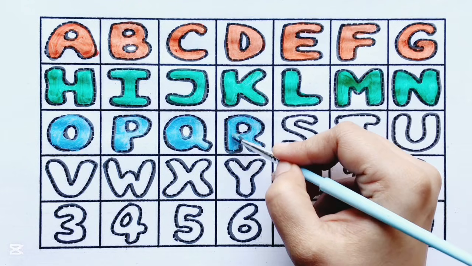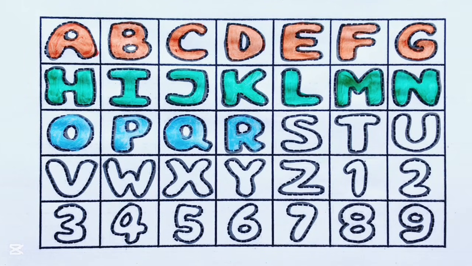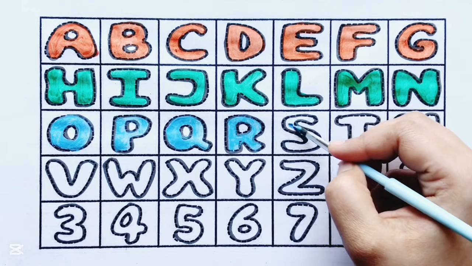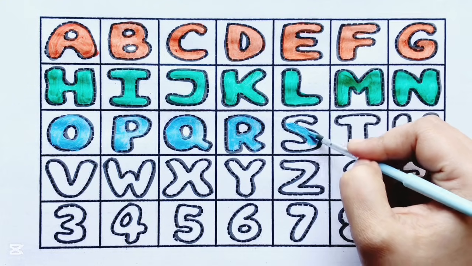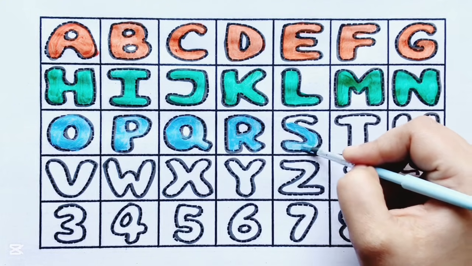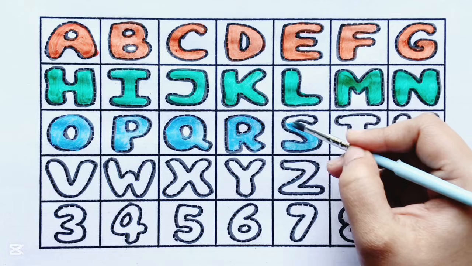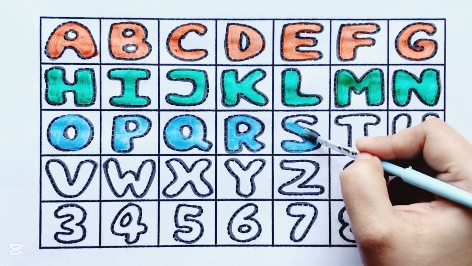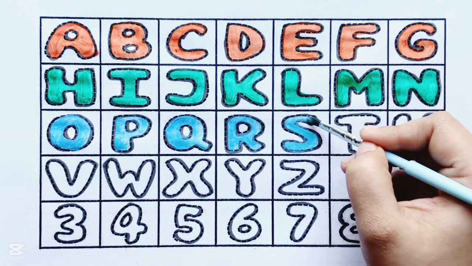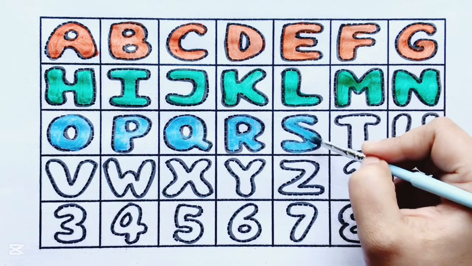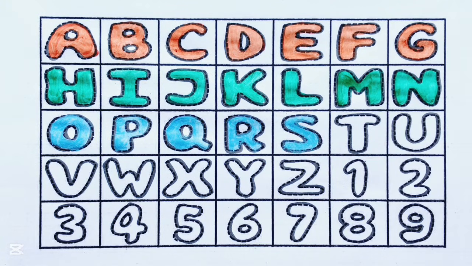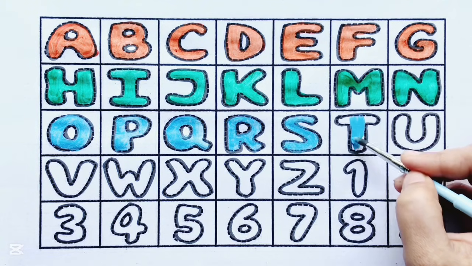Ant. Amazing. S for snow. Art. Apple. Angel. Address. Animal. Answer. April. Autumn. Ambulance. Airplane. Arrow. Alligator. Ant. Amazing art. T for teeth.